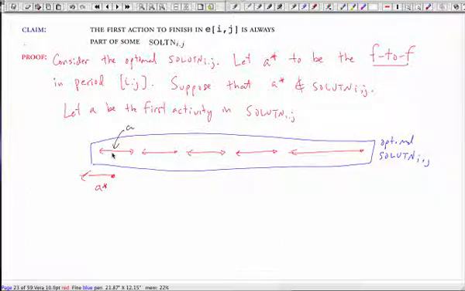Perhaps there was some other value A that was part of that optimal solution. But we do know that A star is first to finish, and so the finish time of A star has to be less than the finish time of A. Just like this diagram shows.